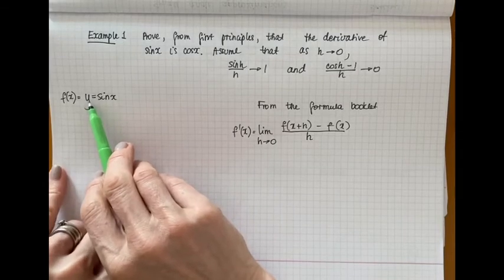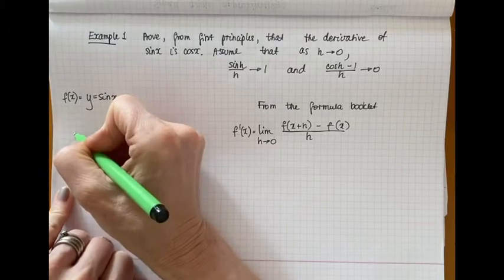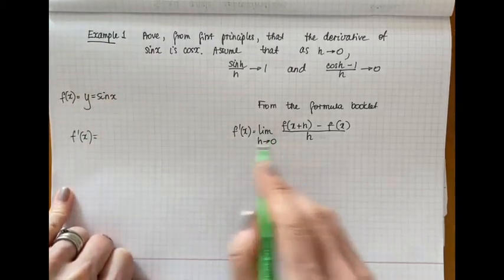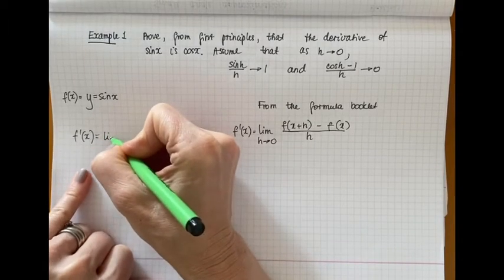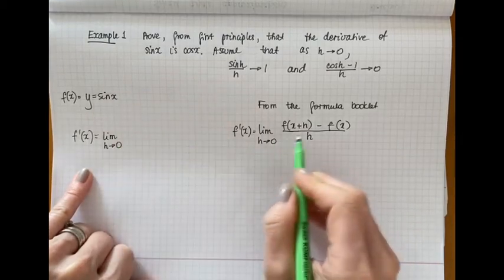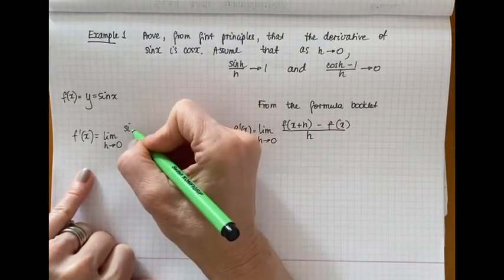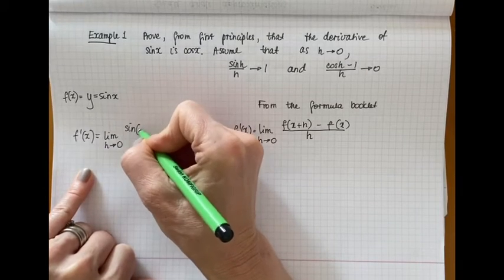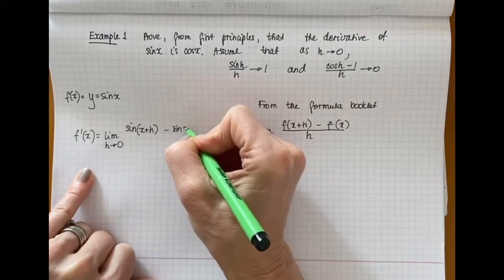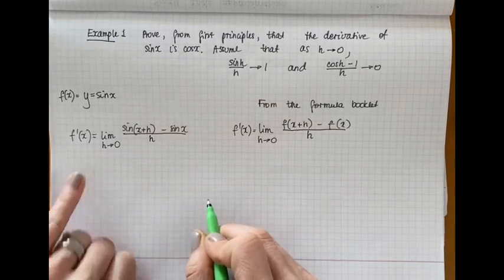Here is our function. So if we allow f of x to be equal to sine x, then f dash of x, I'm going to use this formula with my f of x being equal to sine x. So wherever I've got f, I'll put sine. This is going to be sine of (x plus h) minus sine of x over h.